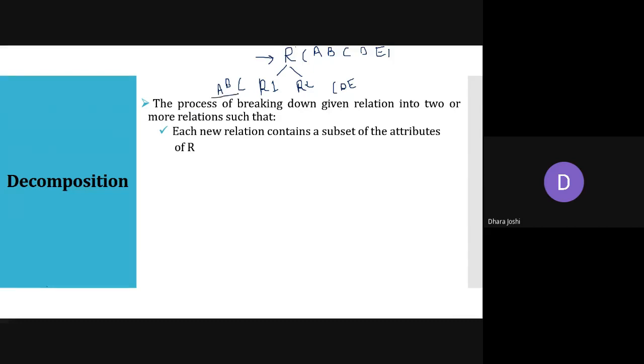So it can be a subset of the parent relation. Each new relation contains a subset of the attributes of R.